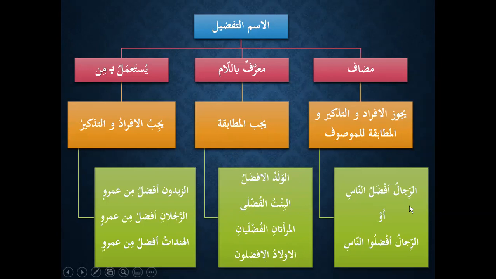Either you do al-rijalu, plural, afdalun nas, the best of people, or you could say al-rijalu afdalu an-nas. Men are better than people. So you have choice of this or that category. But with min, it is specific, singular, masculine. With mu'arraf bil-lam, you have to correspond. With mudaf and mudaf ilayh style, you have a choice, either this or that. Hope that clarifies it.